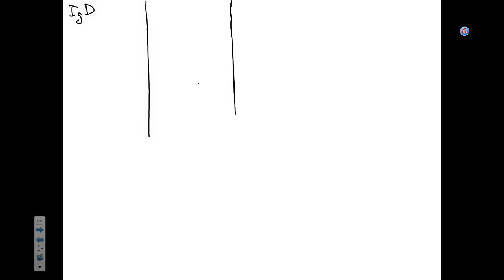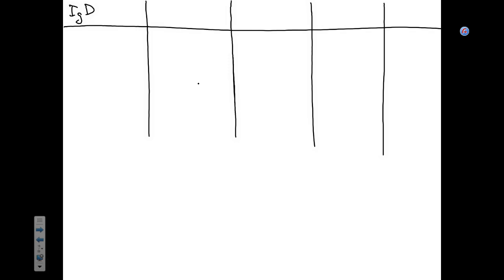Okay. IgD. Its function is to be a B cell receptor. So if this is the B cell, this is IgD. Good?